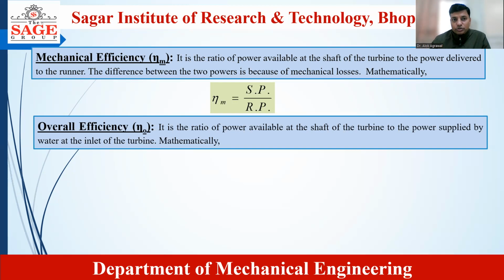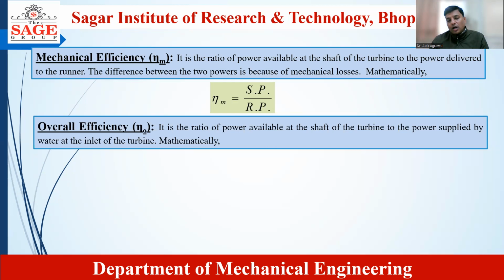So with the help of these two efficiencies, that is mechanical efficiency and hydraulic efficiency, we can calculate overall efficiency. See what is happening here. Earlier at the beginning, how much power is water having? That is water power. When water is striking the turbine blades, the power that is transmitted into the runner is called runner power.